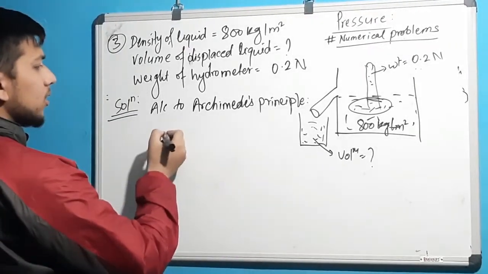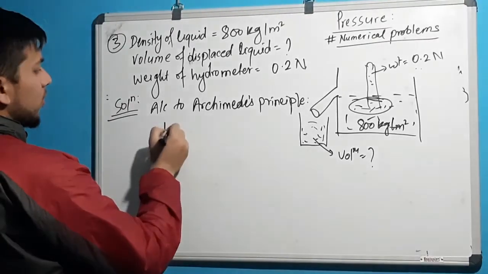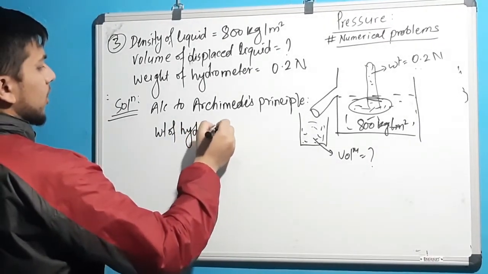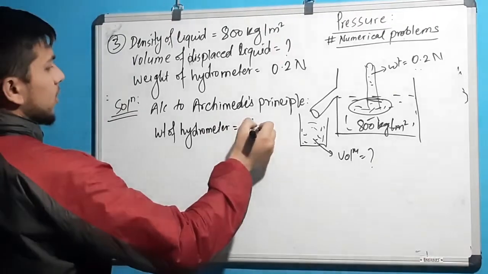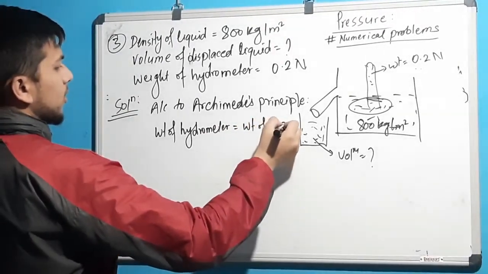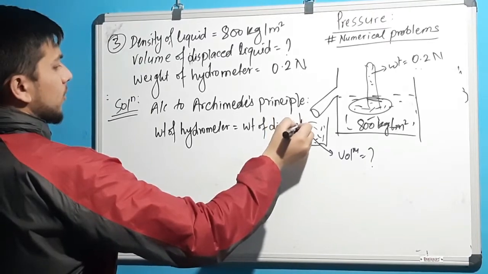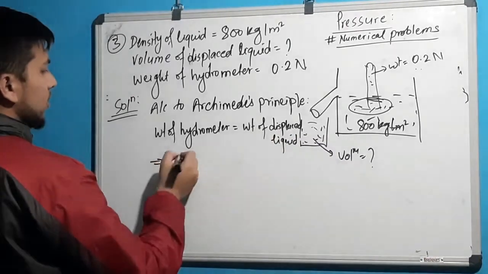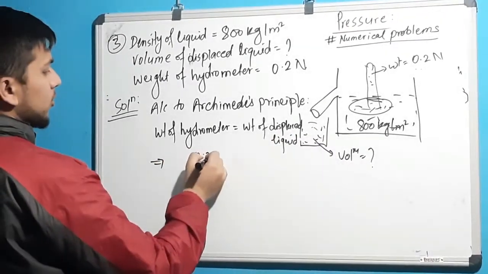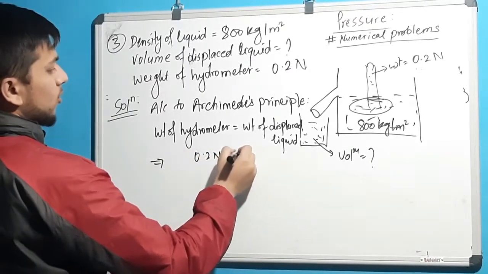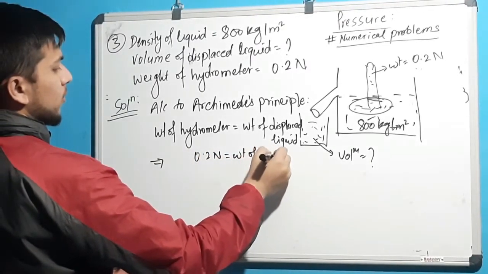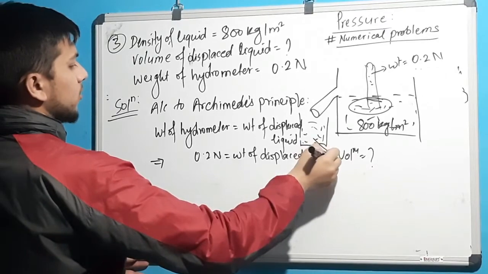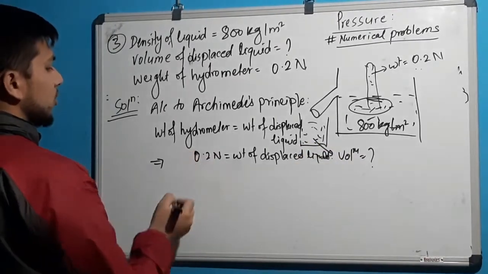And here, according to this, the weight of hydrometer equal to weight of displaced liquid. That implies this is 0.2 Newton and this is equal to weight of displaced liquid. Weight of displaced liquid came 0.2 Newton.